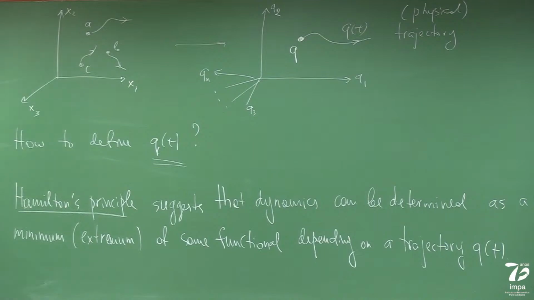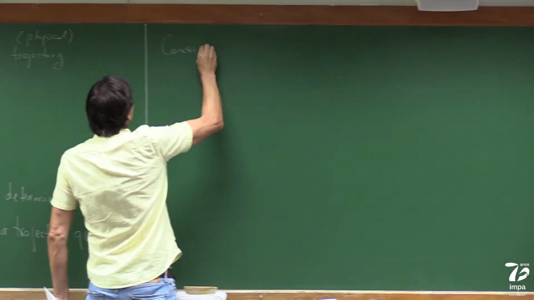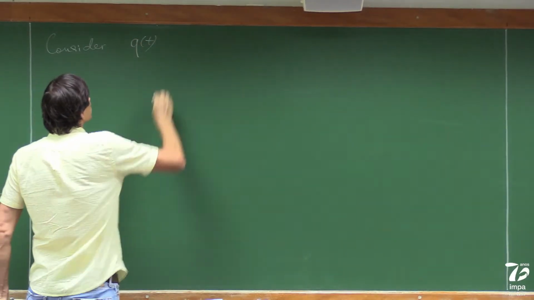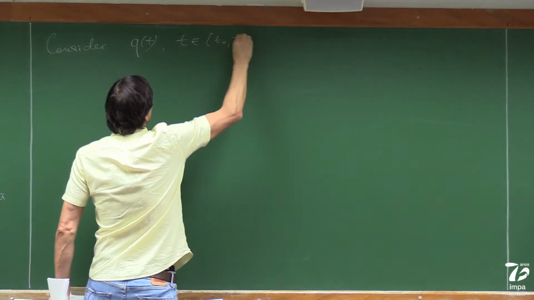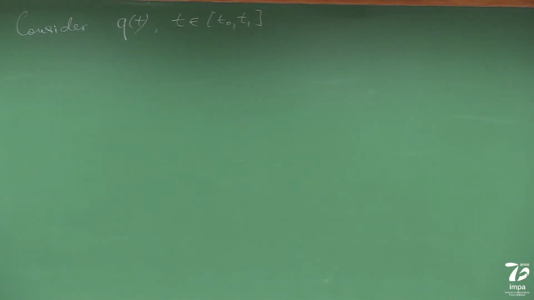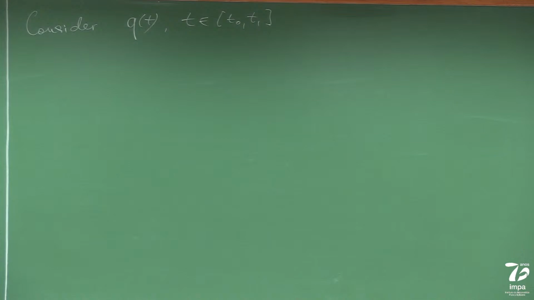Specifically, we consider the trajectory as a function in a fixed interval. So we fix an interval between two times. This functional is called action.